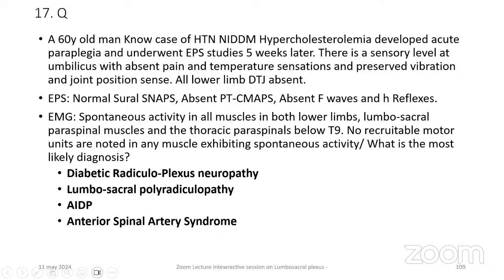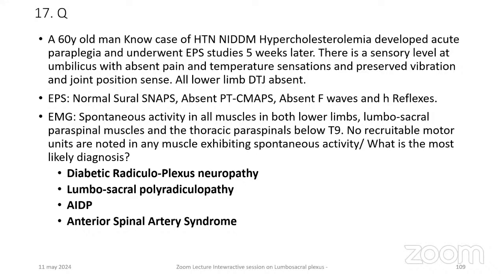So I think we are coming to an end, but we have a couple more questions. A 60-year-old man, known case of diabetes and hypercholesterolemia, developed acute paraplegia and underwent electrophysiology studies 5 weeks later. There is a sensory level at the umbilicus, with absent pain and temperature sensations and preserved vibration and joint position sense. All the lower limb deep tendon jerks are absent.